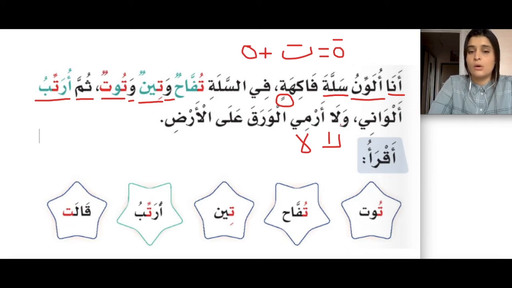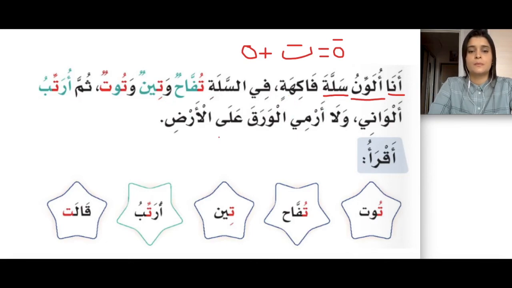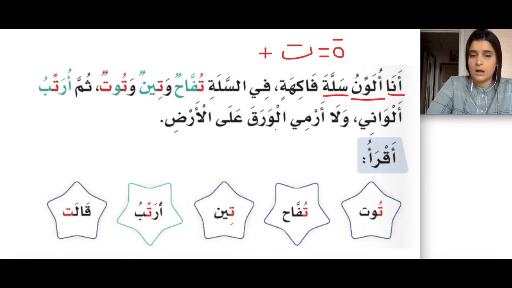So let's read. Wala armi, and I don't throw. Wala armi al-waraq. As you can see here, in al-waraq, letter waw is a moon letter, so I pronounced article al with letter lam.